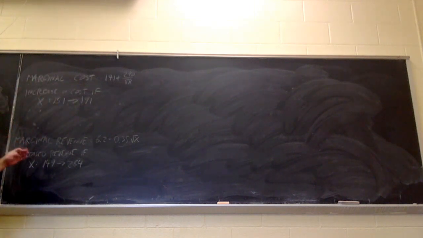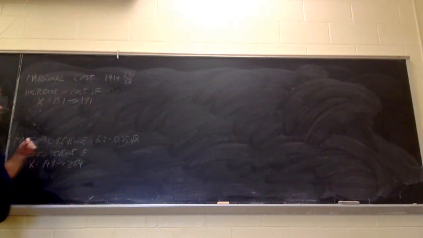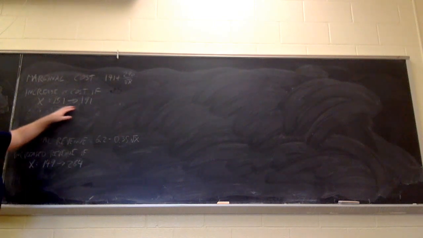So in this case, we're given a marginal cost, and this is the cost per unit. So if the number of units is increased from 151 to 191, then what is the increase in total cost going to be?